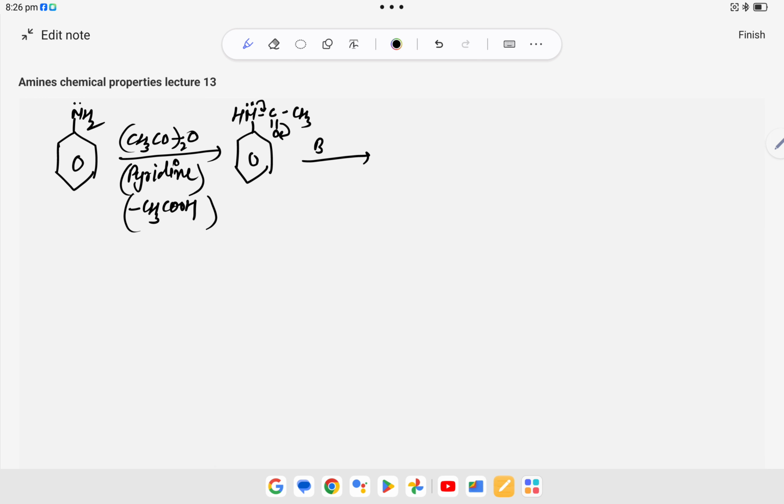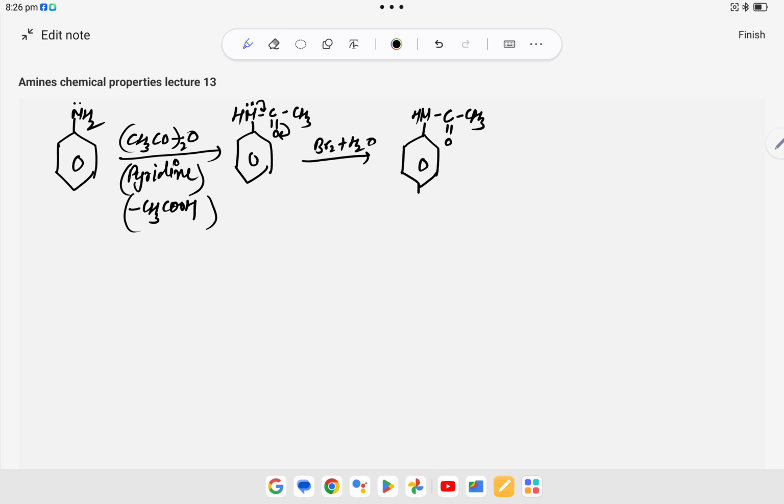Then again you are using bromine water. This time the product will have bromine here, with nitrogen, hydrogen, C double bond O, CH3. Tell me children, will the ortho compound be formed or the para compound?